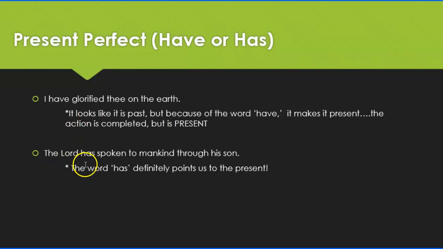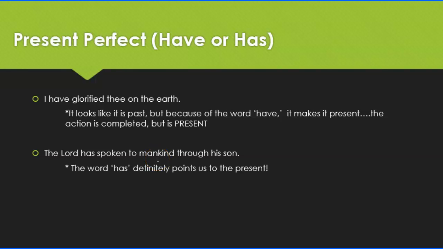Let's look at another one. The Lord has spoken to mankind through his Son. Now, we could have said the Lord spoke to mankind through his Son. That would have meant completely past tense. However, through the Word of God, there is a continual speaking and the Lord's presence there. So the Lord has spoken to mankind.